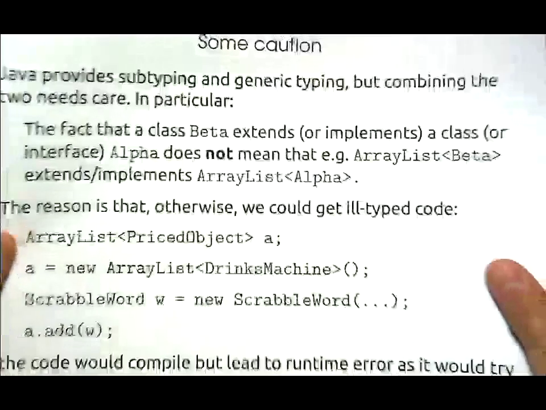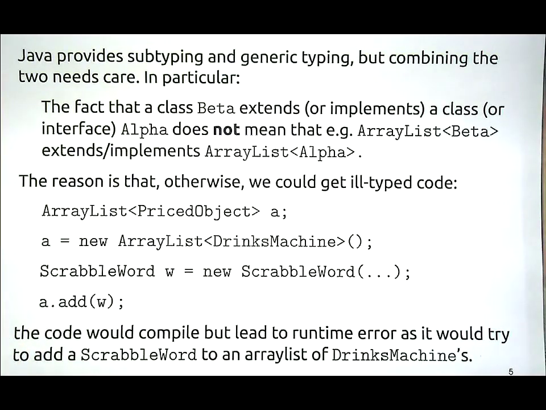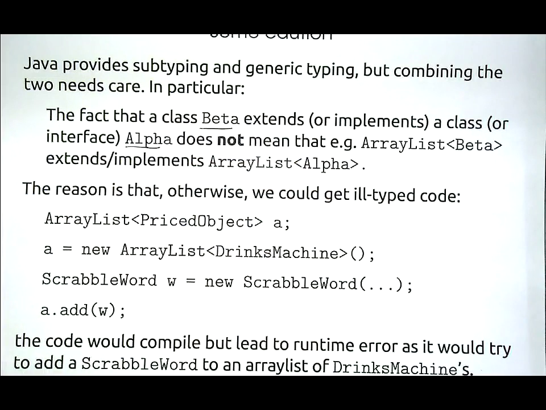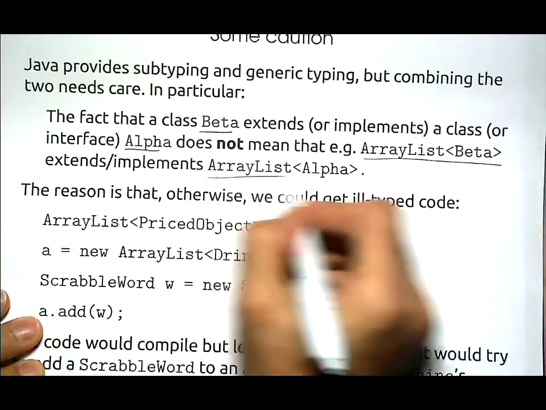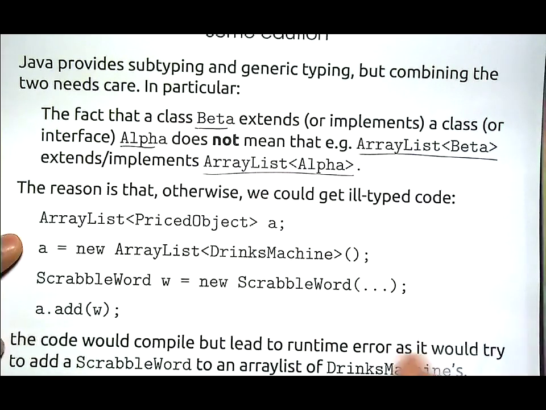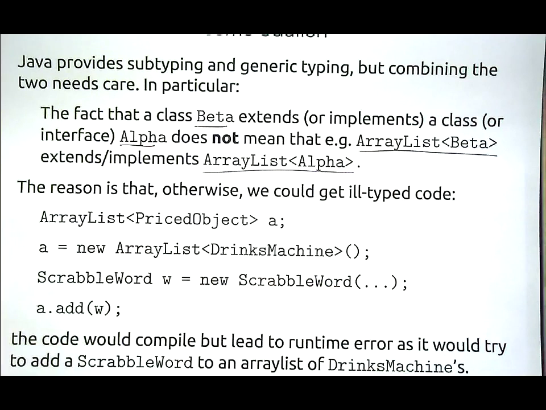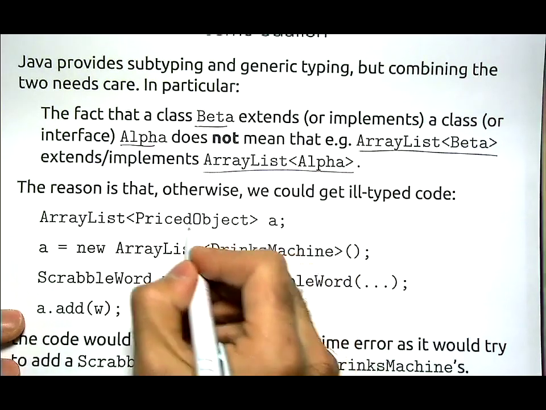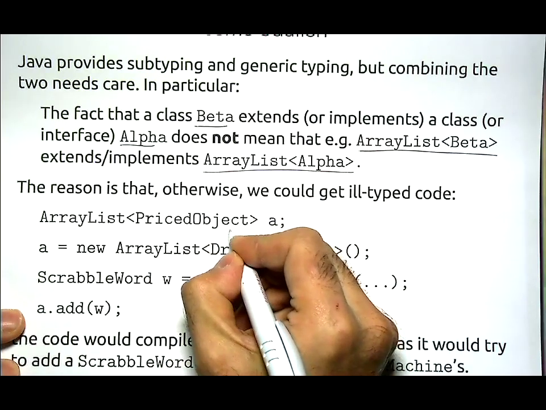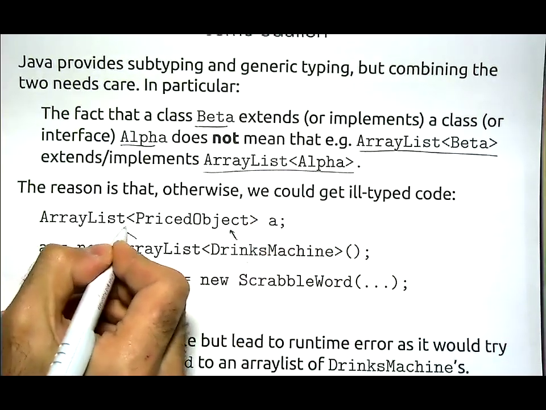To see a concrete example, if I have a class beta that extends a class or implements an interface alpha, this does not mean that the array list of betas is a subclass of the array list of alphas. Because if that was the case, I could write the following code. I start with an array list of priced object A. Since drinks machine is a subclass of priced object, then the whole array list should be a subclass of that.